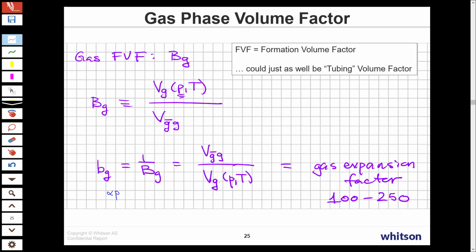So this is called the expansion factor, and typically for most gases above initial pressure of 1500 psi, which is the vast majority of gas reservoirs, the expansion factor might range from 100 to 250, maybe reaching as much as 350 for really rich gas condensates at high pressures. So if you take out 1 cubic meter of reservoir gas, you get 100 standard cubic meters of surface gas for a low pressure system, or maybe a factor of 3 higher than that for a higher pressure system.